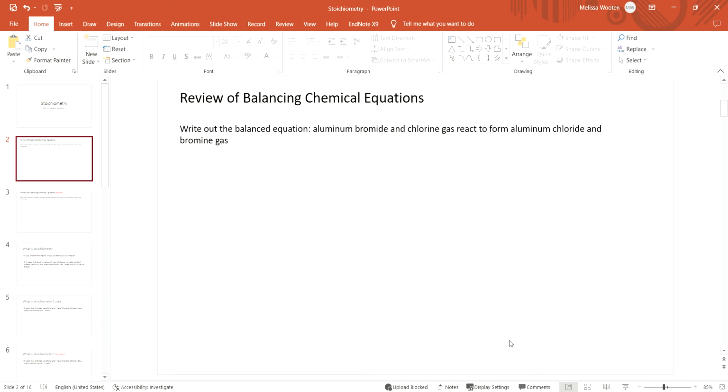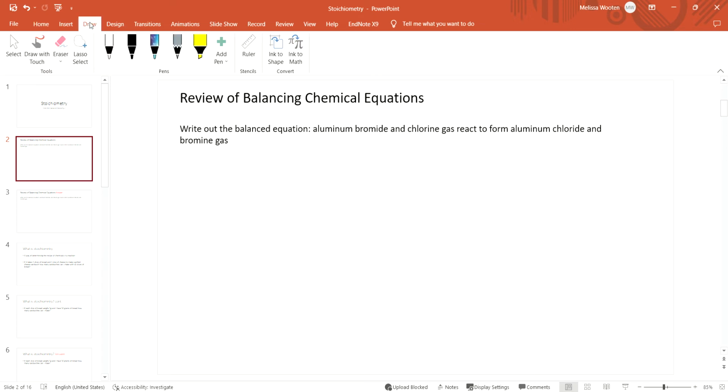And so we're going to review writing out a balanced chemical equation of aluminum bromide and chlorine gas to form aluminum chloride and bromine gas. And so, first thing you want to do is write out your formula for your equations.